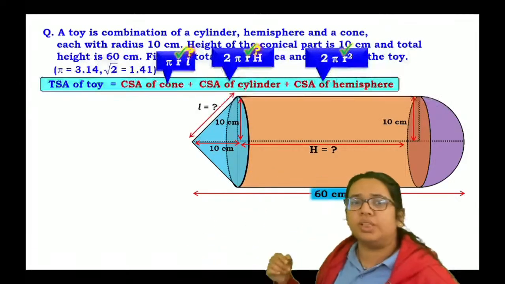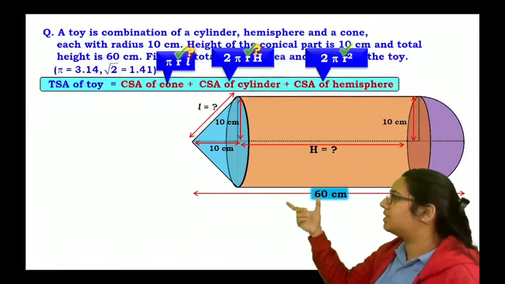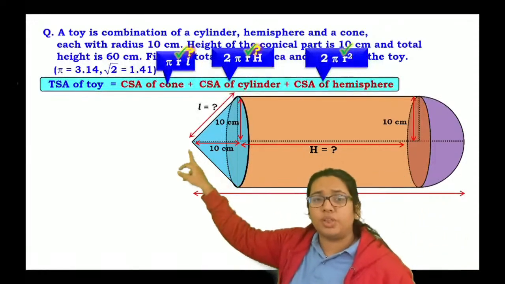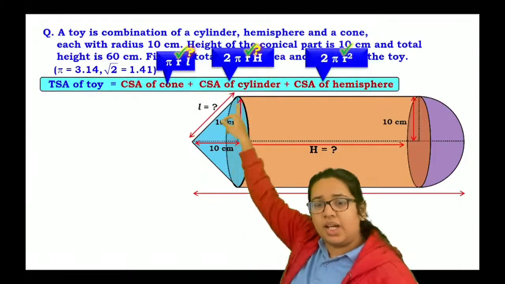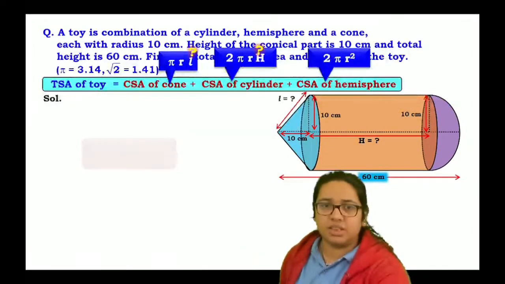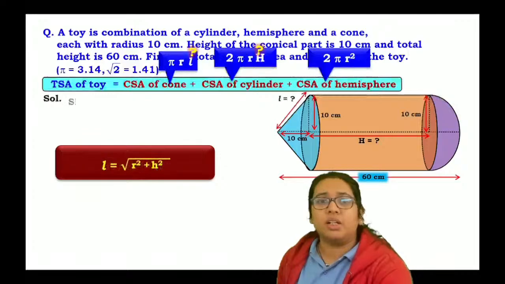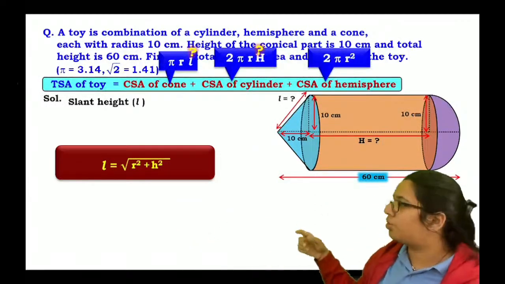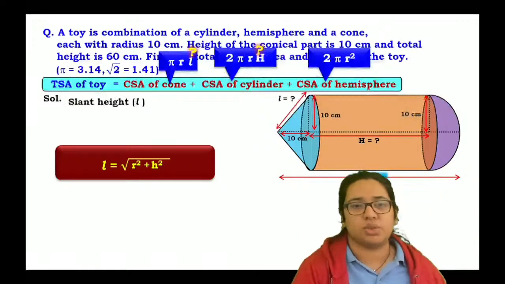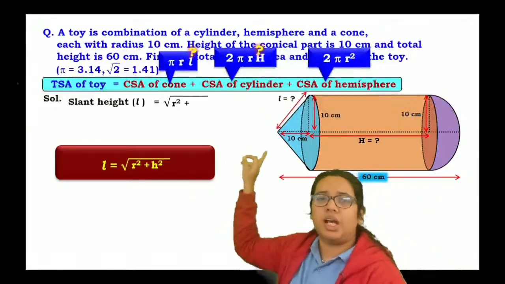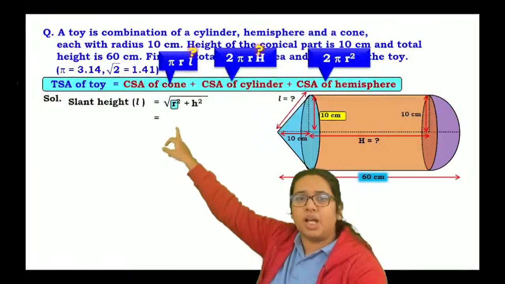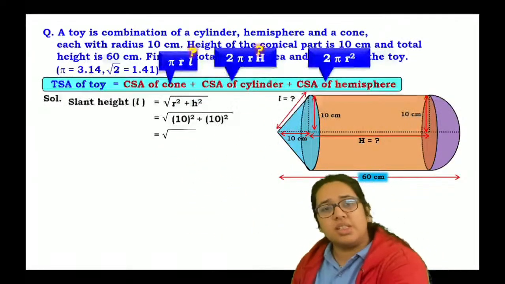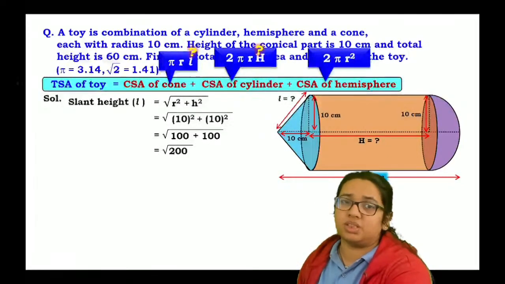Now, for this conical part, and this capital H, which is the height of the cylindrical part, as the height of the cone is 10 and the radius is given as 10, for finding the slant height we'll just use the formula l is equal to root of r square plus h square. So l will be root of r square plus h square, but r is 10 centimeter, h is given as 10 centimeter again, so it is 100 plus 100, which is equal to 200.